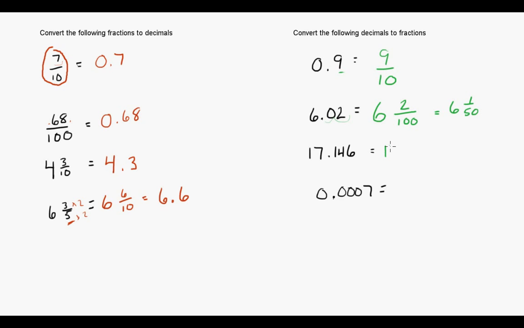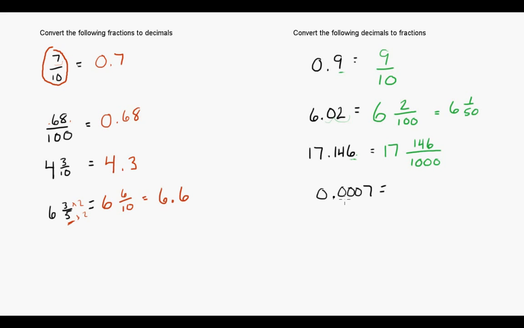Again, here we're going to write our whole number first, 17. We're going to move 1, 2, 3 places, so 146/1000, because we're in the tenths, hundredths, thousandths here. Another little trick you can use is we move the decimal places 3 spots, so our denominator is going to have 3 zeros.